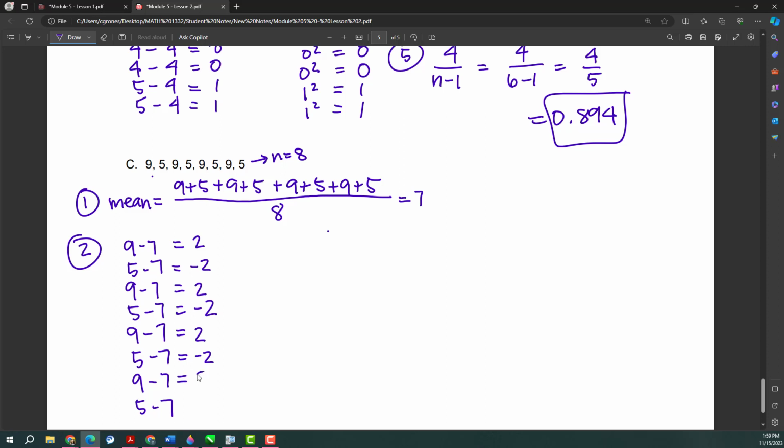Step 3, we are going to square each of these. So we have 2 squared, negative 2 squared, and we do that 4 times.